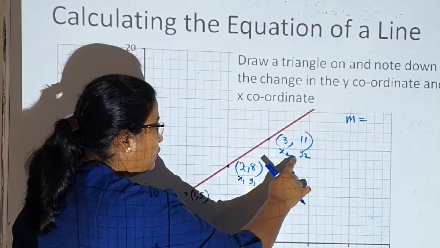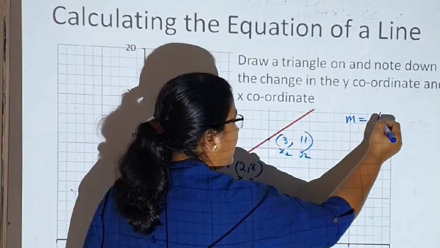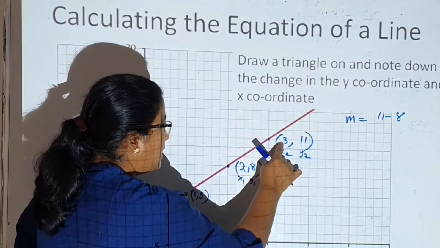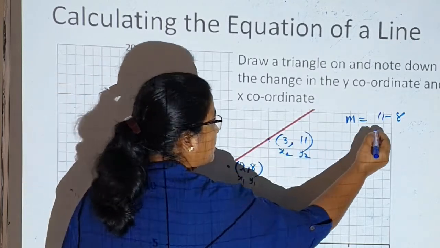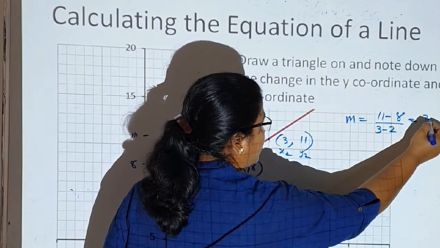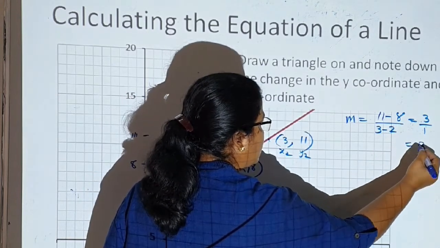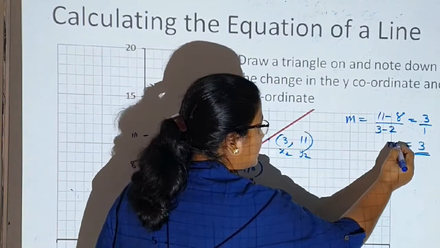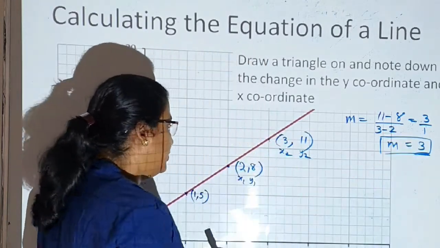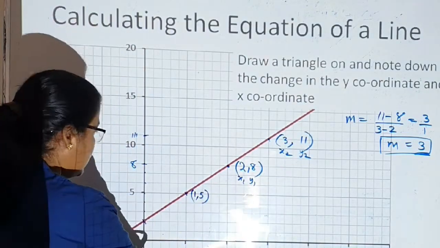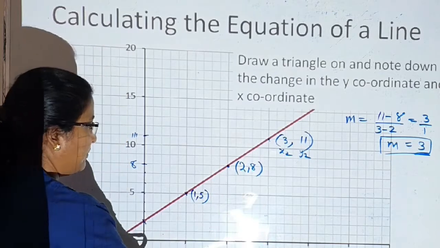Then y2 minus y1, which is 11 minus 8, over x2 minus x1, which is 3 minus 2. You will get 3 divided by 1, which is 3. So the gradient is 3, right? You can choose these two points or you can pick these two points, but you will get the same gradient, okay?